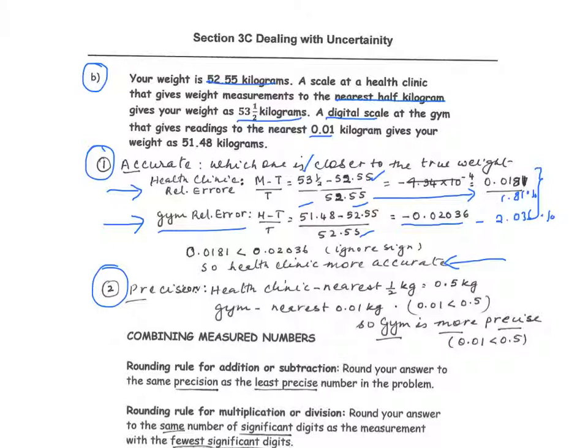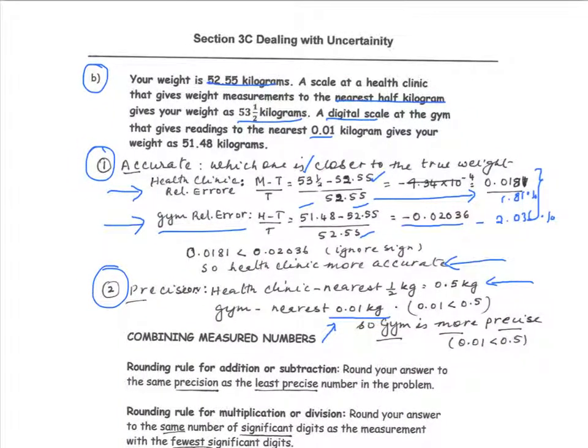Now we compare precisions. The health clinic is precise to the nearest half kilogram, and the gym is precise to the nearest 0.01 kilograms.